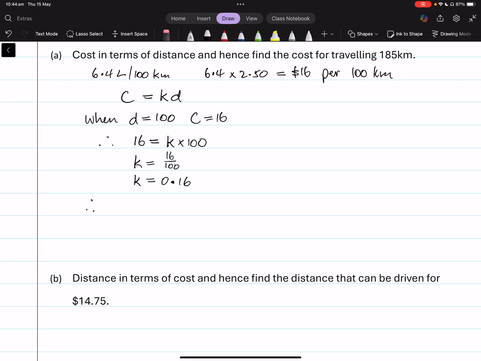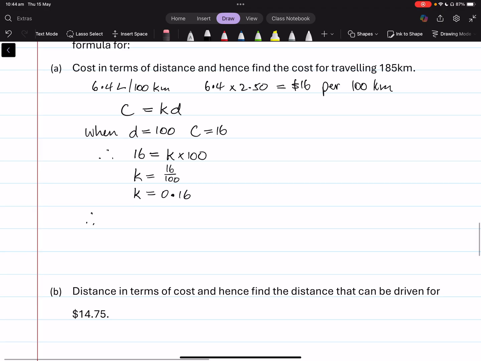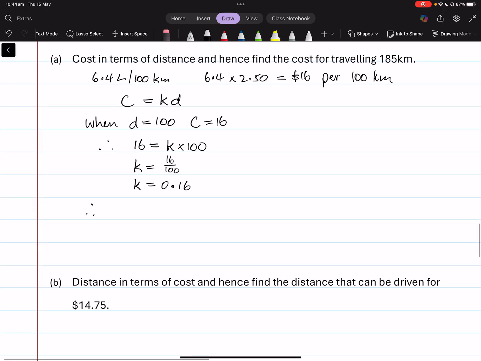Remember, we're trying to find the cost for traveling 185 kilometers. So the cost is 0.16, that's the K value, times D. So when D equals 185, the cost is going to equal 0.16 times 185.